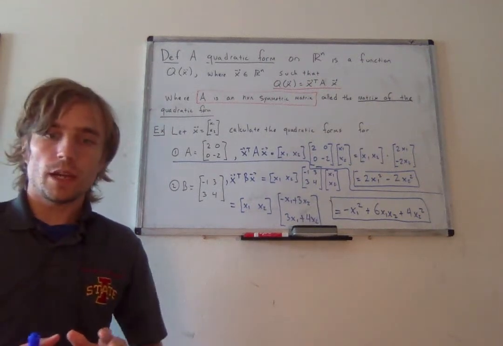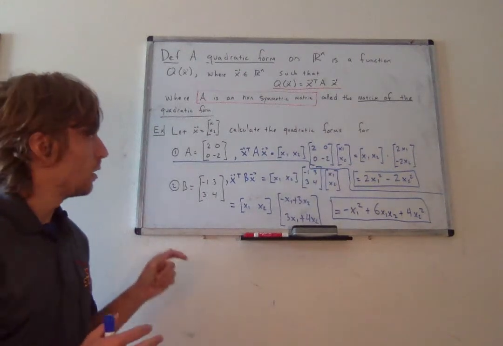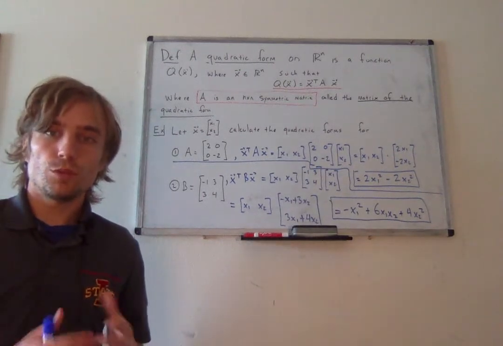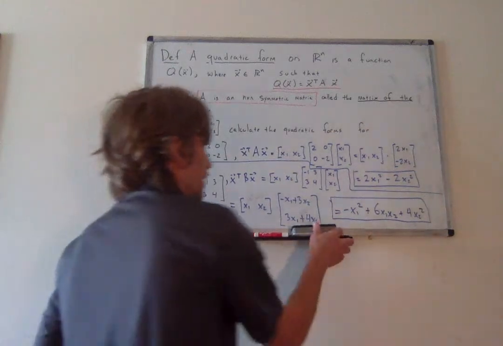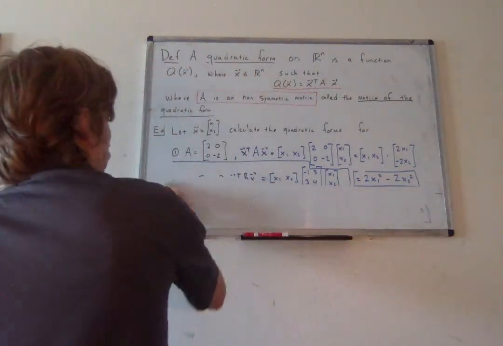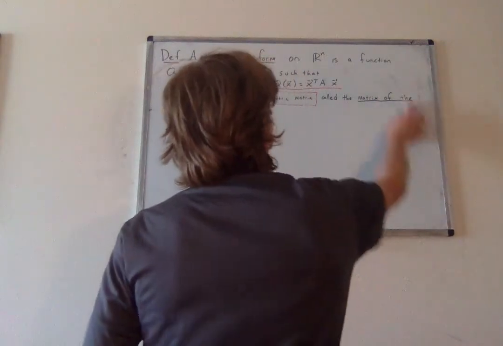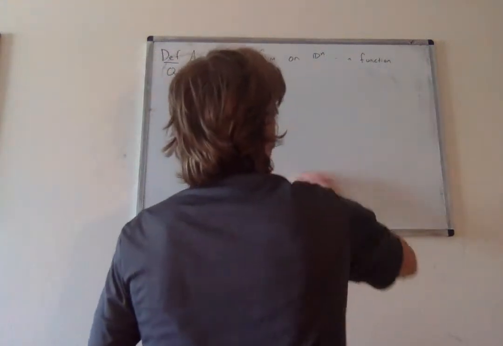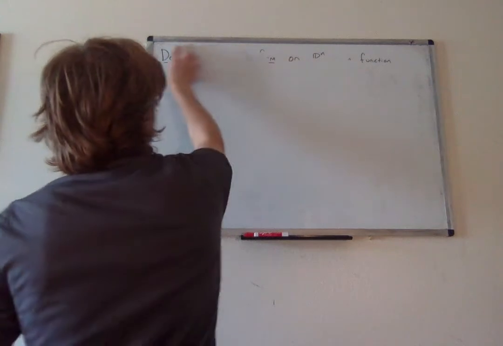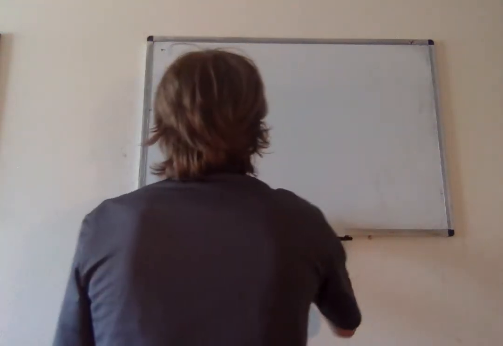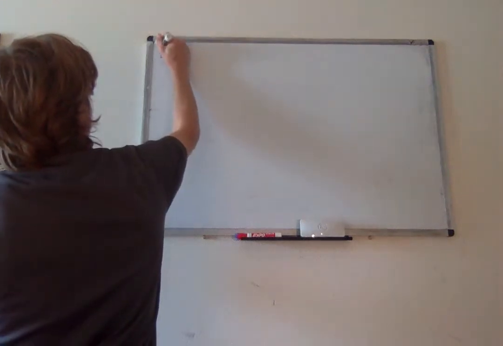Before talking about the pattern, I want to quickly look at a quadratic form corresponding to a 3x3 matrix, because I think that will really solidify what we eventually want to look at with how to calculate and interpret these quadratic forms without always having to expand the multiplication of vectors and matrices. So we want to do one more example.